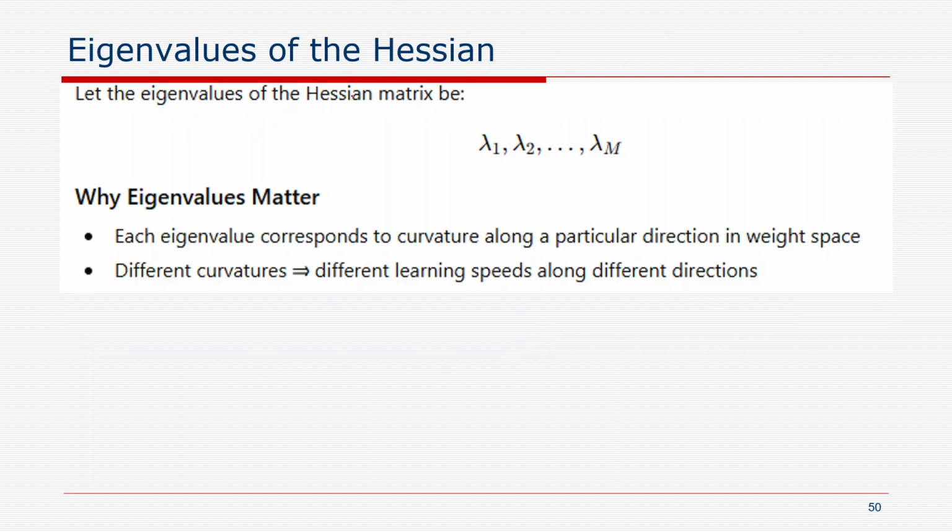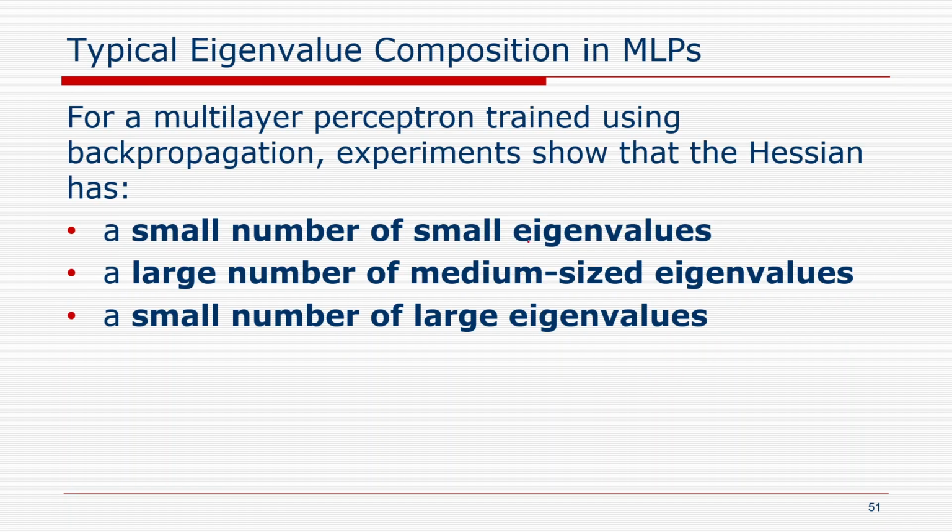Eigenvalues of the Hessian: let the eigenvalues of the Hessian matrix be lambda 1, lambda 2, up to lambda m. Why eigenvalues matter is each eigenvalue corresponds to curvature along a particular direction in weight space. Different curvatures, different learning speeds along different directions.